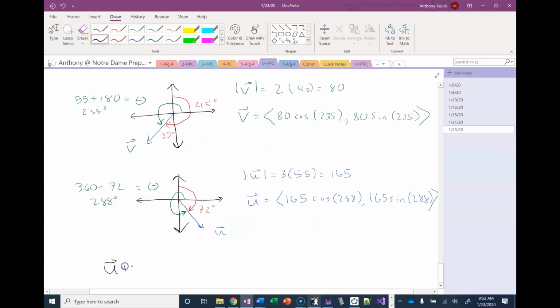So then the final position of the ship is going to be at vector u plus v.